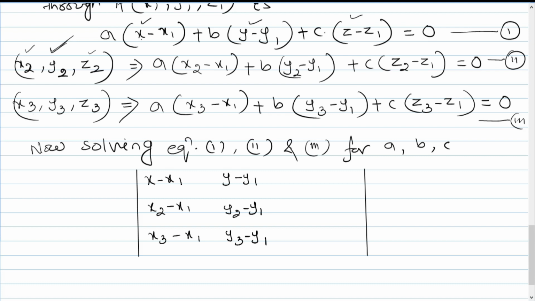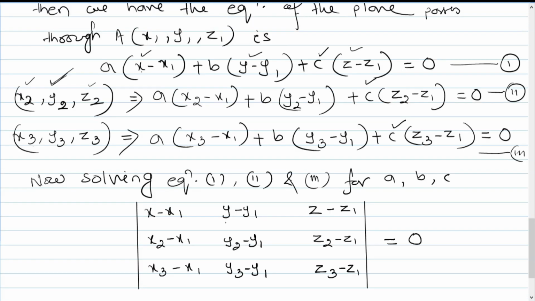Okay, the coefficient of c here in the first equation, second equation, third equation, that is z minus z1, z2 minus z1 and z3 minus z1 is equal to 0. So this is the equation of the plane passing through the 3 points x1, y1, z1, x2, y2, z2 and x3, y3, z3. Okay, this is the required equation.